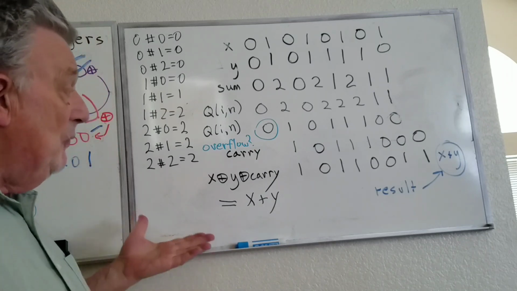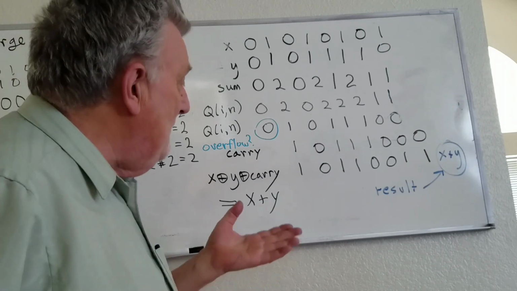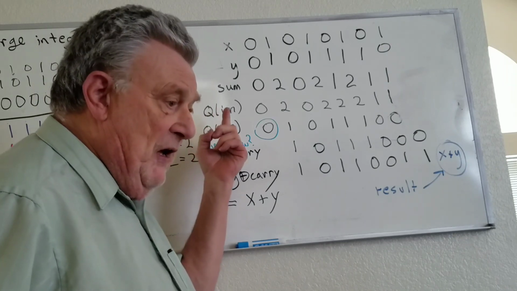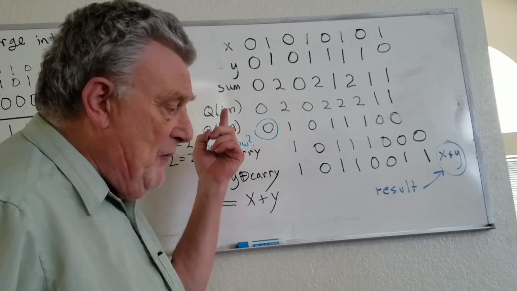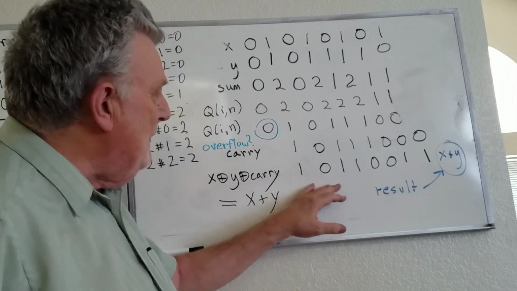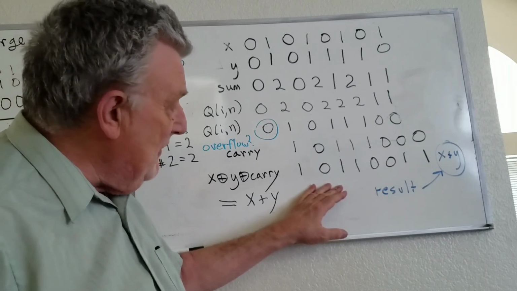And well, how much time did we take? In the last video, we could see that we could build the query structure, and we could find all the queries in logarithmic time using n processors. So therefore, this entire result can be obtained in logarithmic time using n processors.